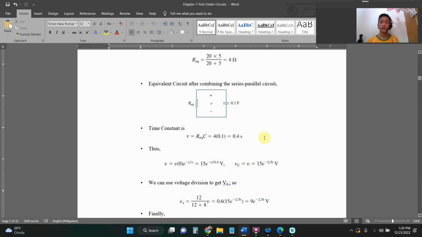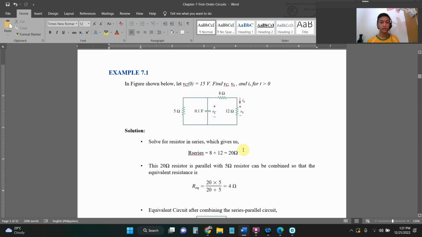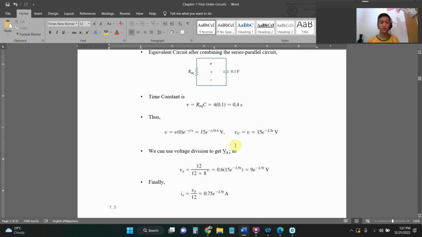Thus V is equal to V0 multiplied by e raised to negative t over tau. So the voltage of the capacitor is V equals 15 e raised to negative 2.5 t.